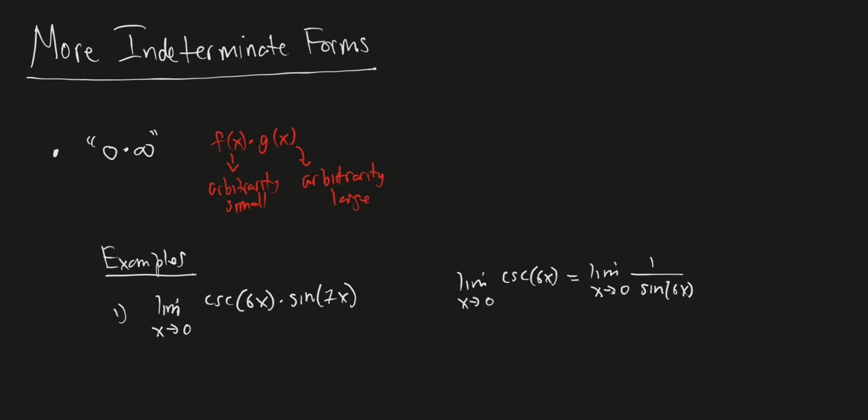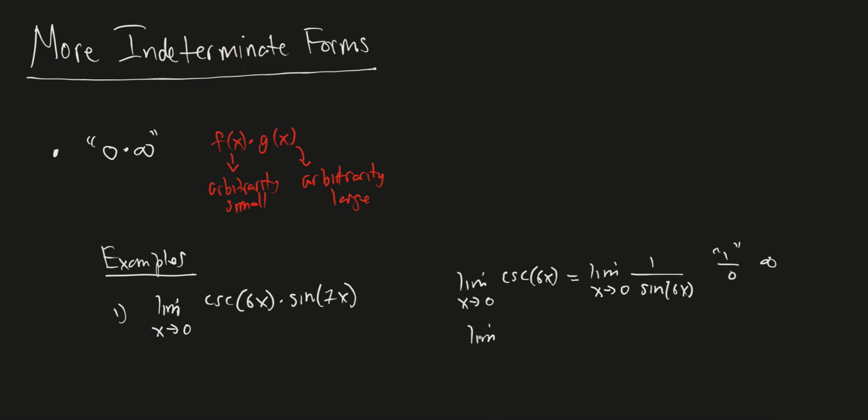Well, as x approaches 0, the sine function approaches 0. So we end up having 1 over 0. And we know that's our infinite limit form. So this fraction approaches infinity, right? So that's what happens to this factor. As x gets very, very small, cosecant of 6x gets very, very large.